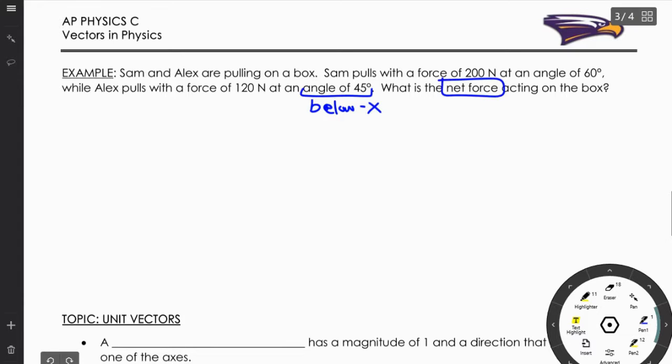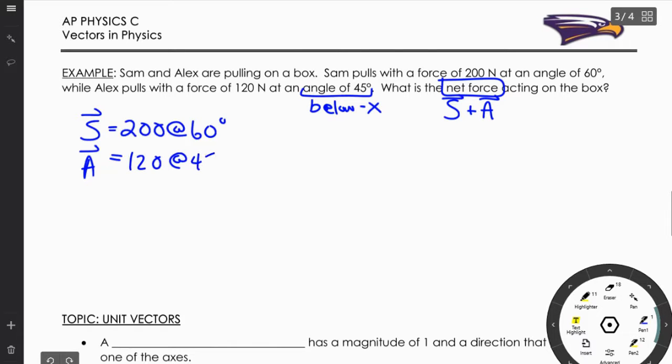So what we're going to do is add, and we'll call Sam S and Alex A. We're going to add the force by Sam to the force of Alex. So Sam is 200 newtons at 60 degrees. Alex is 120 newtons at 45 degrees, but this is below, or sorry, positive x.